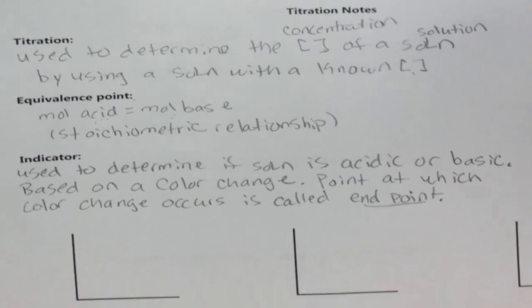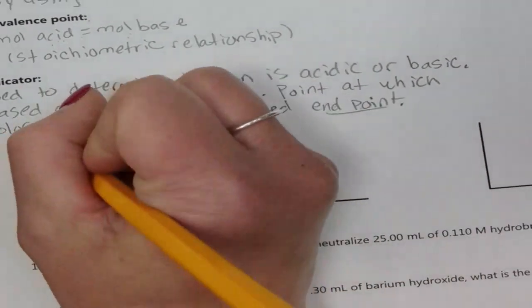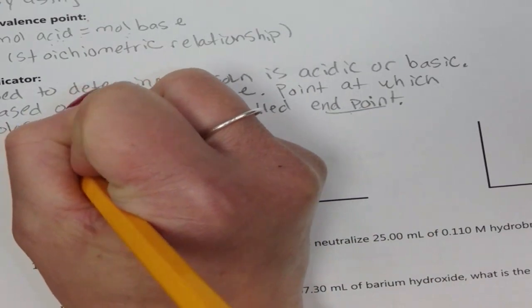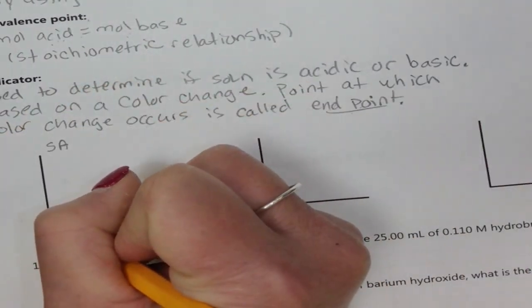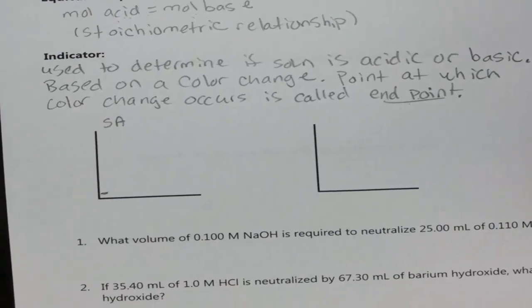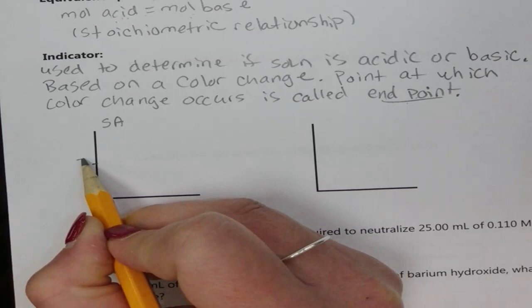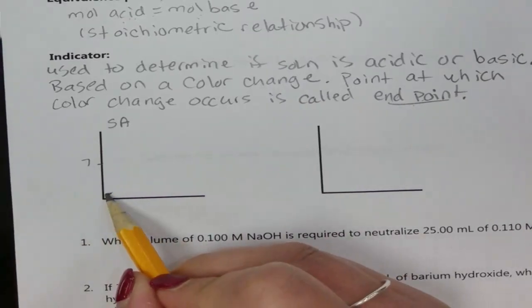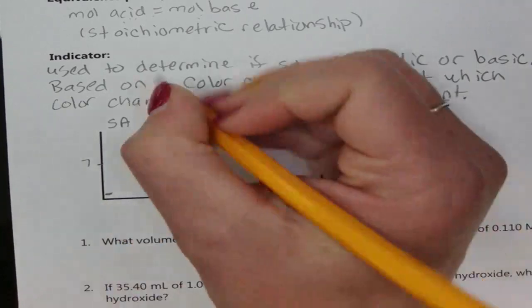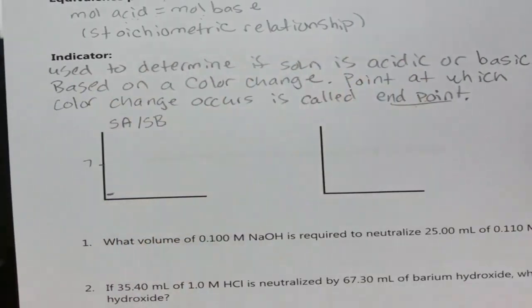All right, when we talk about a titration, we can take a strong acid, which I'm going to abbreviate strong acid SA. So if I have a strong acid, that means I have an initial pH that is less than 7. All right, so if this is my middle part of the pH scale, I have a pH that's going to start at less than 7. If I add a strong base, we know acids and base neutralize.